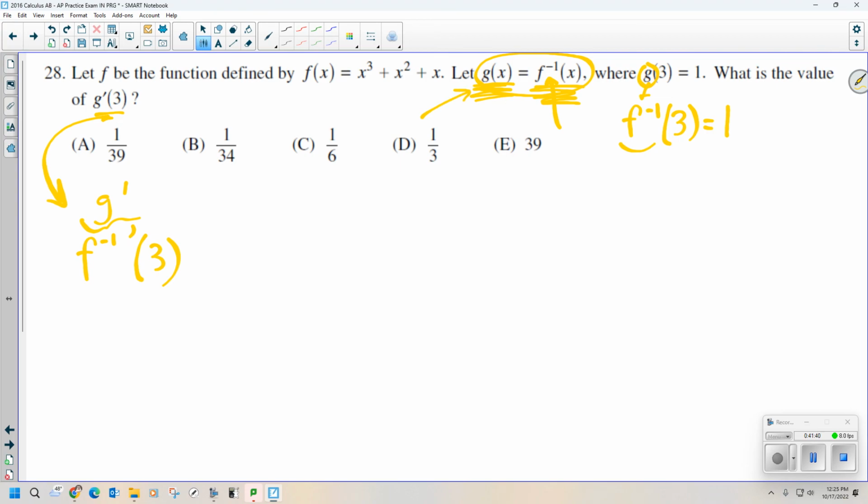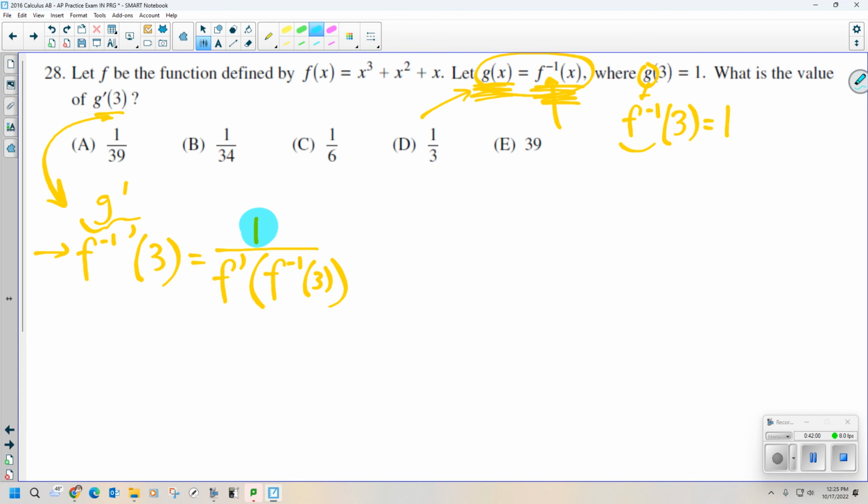In order to find the derivative of the inverse, it's 1 over the derivative of f at the inverse's value of x, all right? And these actually are a lot easier to do if you just do them step by step.